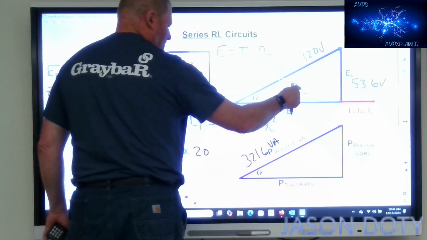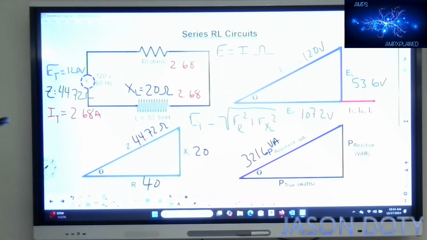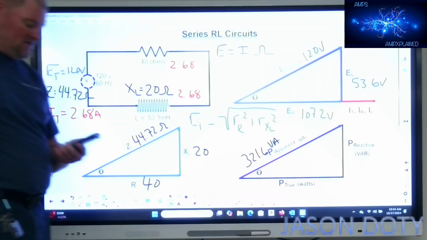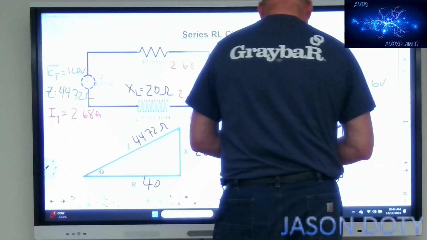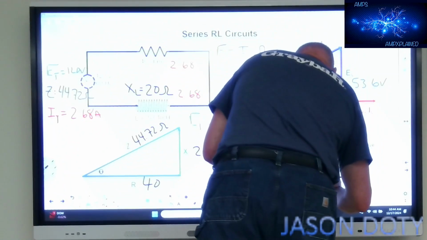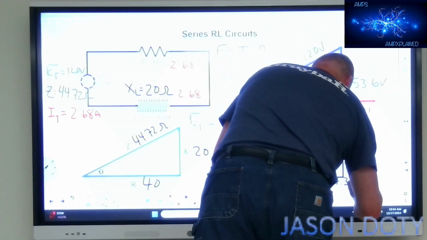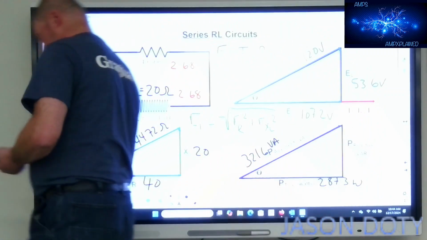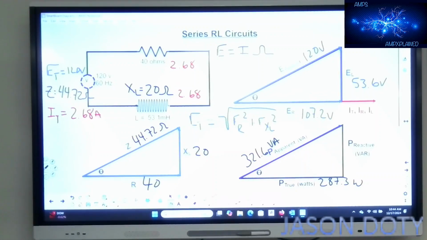We multiply those together, and we get 287.3 watts of true power. Nothing there is wasted.